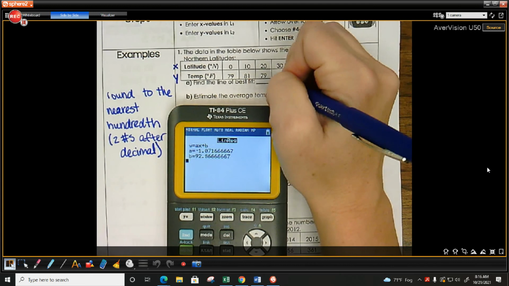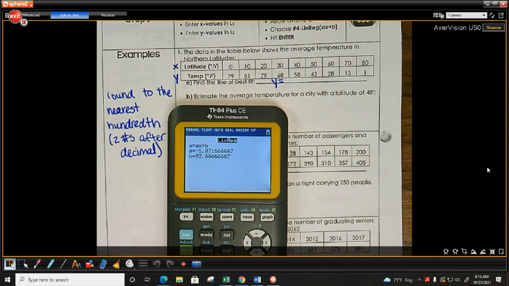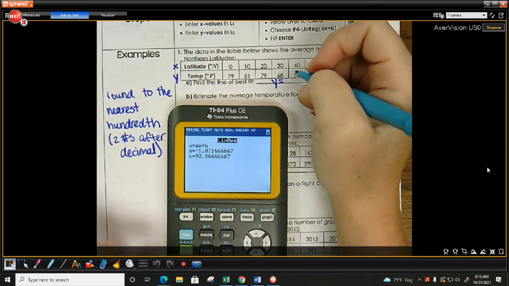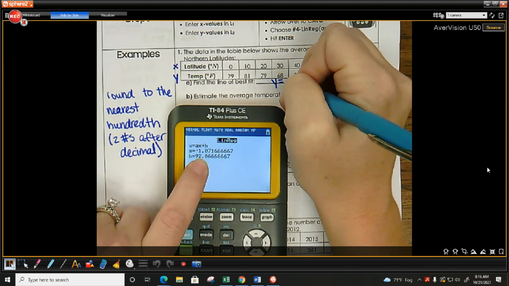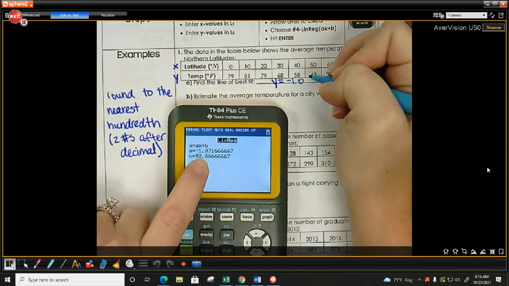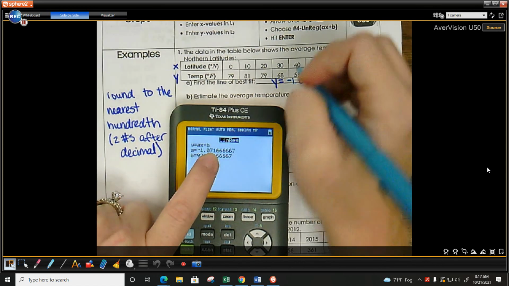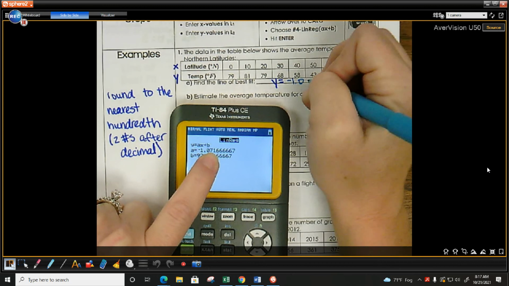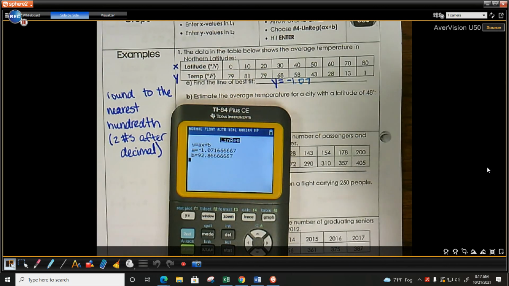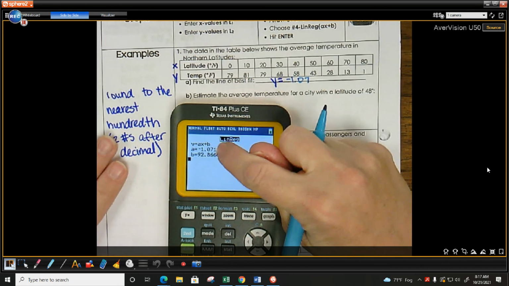Negative 1.07. Does the 1 round the 7 up or keep the 7 a 7? Keeps it a 7. 5 and up rounds your number up. So you look at the number 1 past the hundredth spot. Okay, it's a 1. 1s do not round it up, so it keeps it a 7.